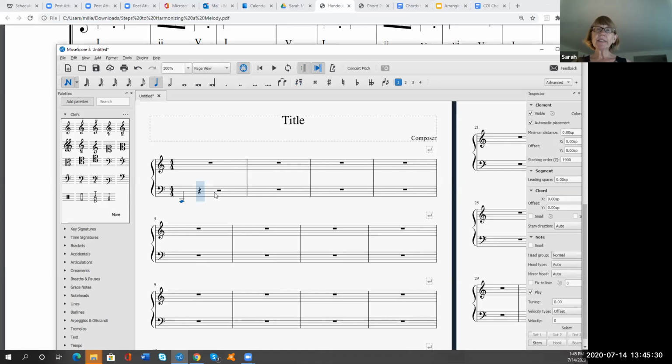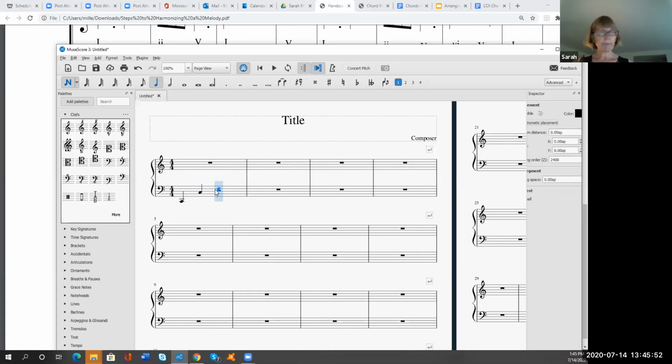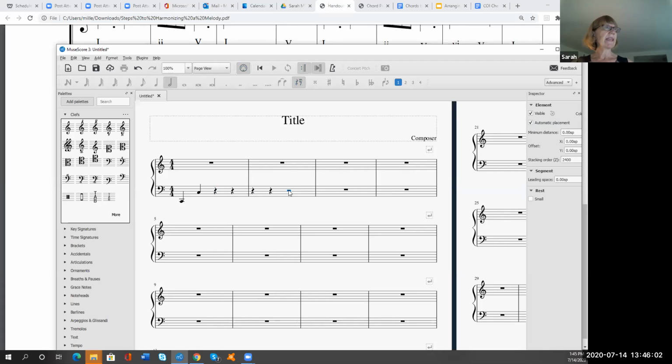The harmonic series is a series that's created because sound moves in waves, and each tone has within it its multiples. So this note here is twice as fast as what we call the principal. I want to make this into quarter notes too.